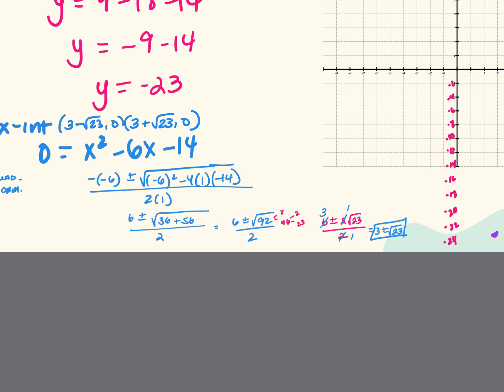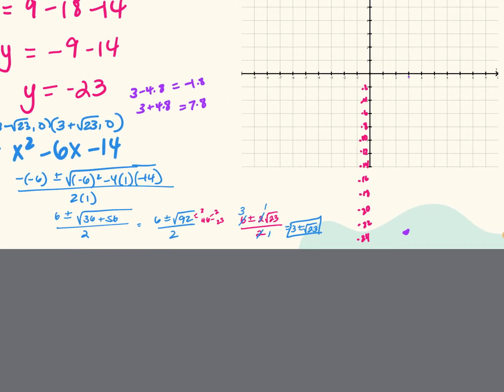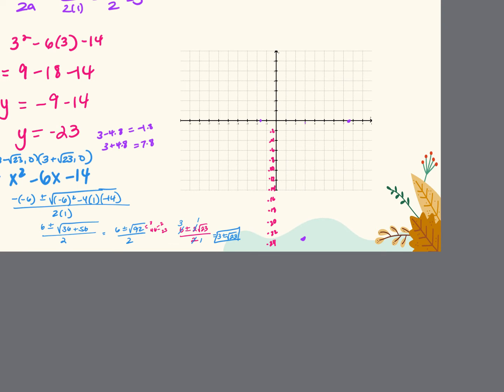So square root 23 is close to what perfect square? 25, but it's a little bit less. So this could be like 3 minus 4.8 and 3 plus 4.8. I'd get negative 1.8 and 7.8. So negative 1.8 and 7.8 are where it crosses the x-axis.